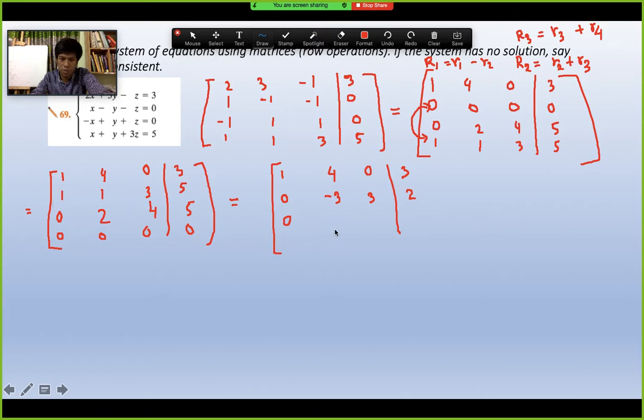Let's wait a bit and keep it as it is, 2 4 5. If we multiply this line by something to make it 0, this number will also be changed, so we do not want to go back. Then the last line is all 0s.